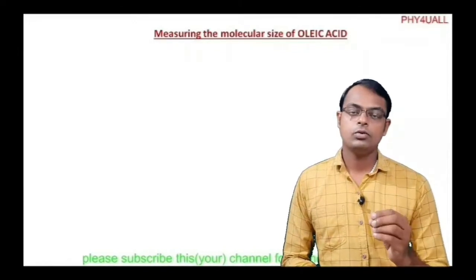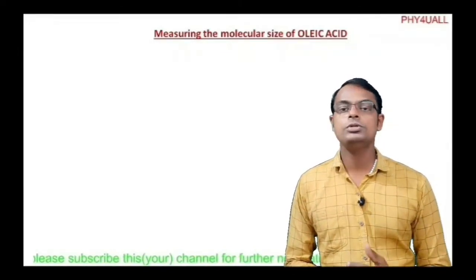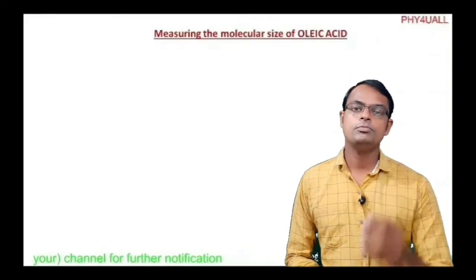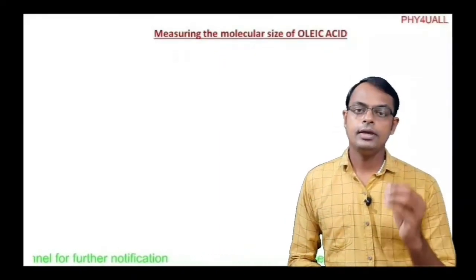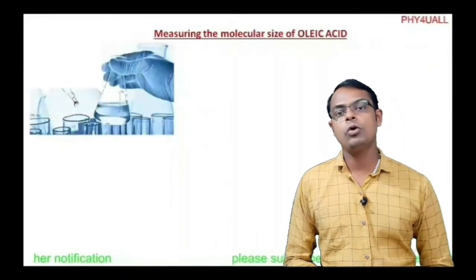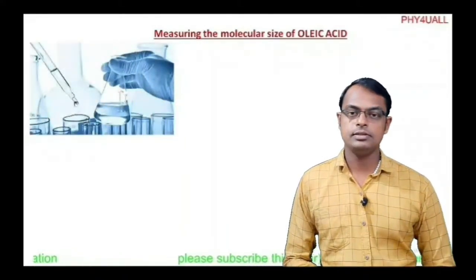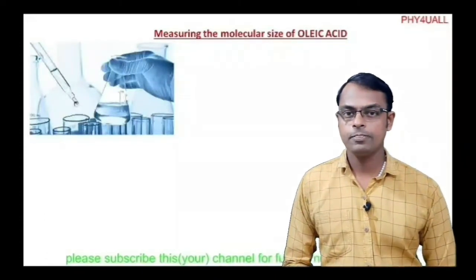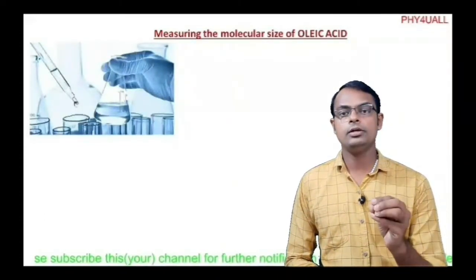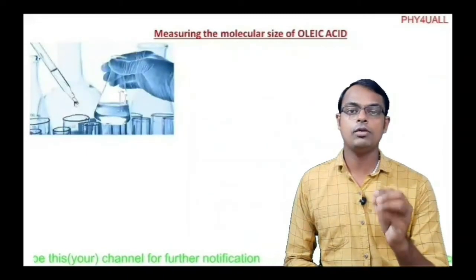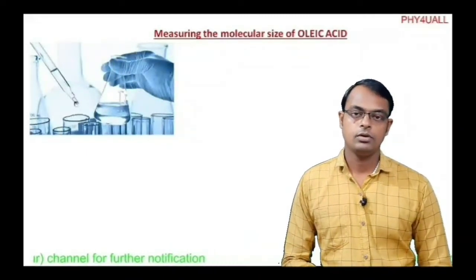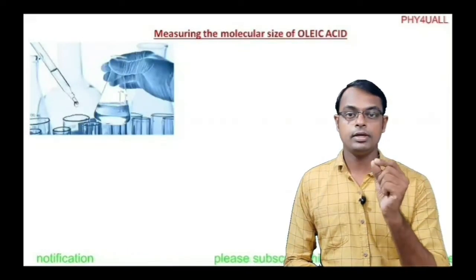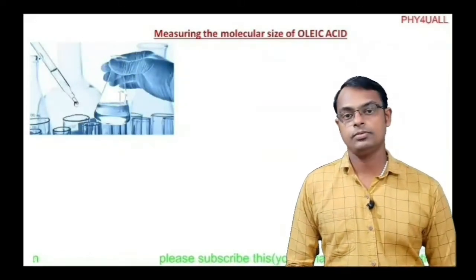So what are the procedures to follow? The first procedure is to take 1 cm cube of oleic acid and mix it with alcohol to make a solution of 20 cm cube total volume.